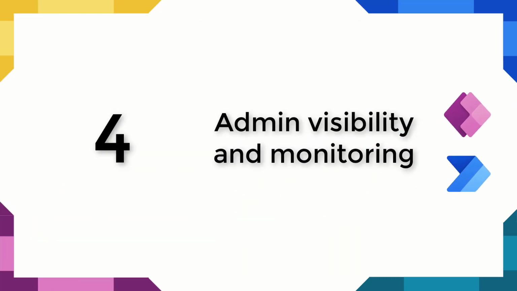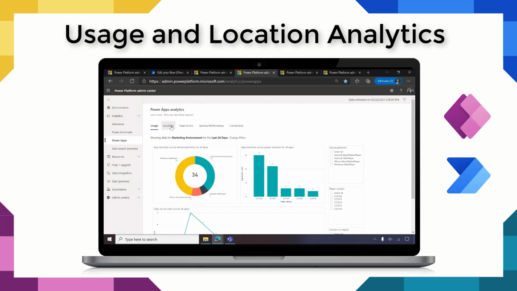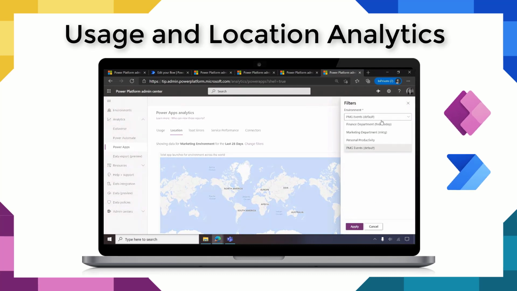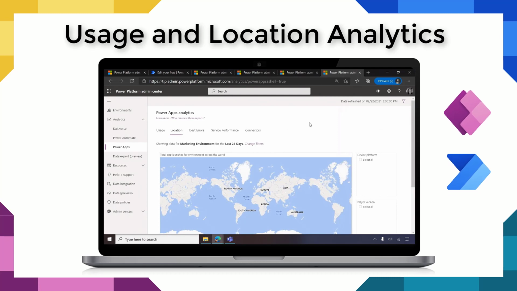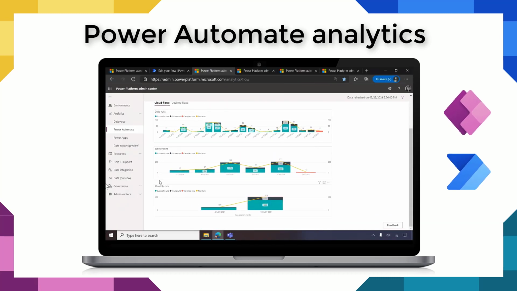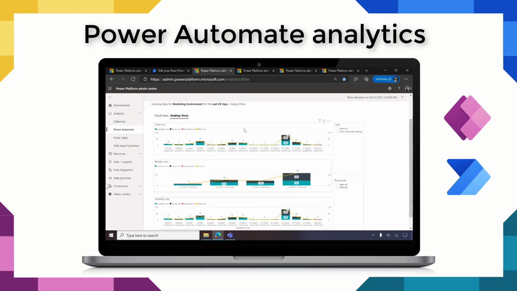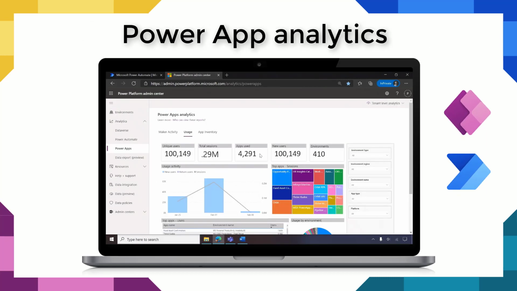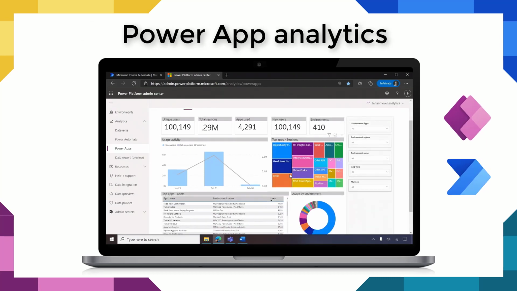Number 4. Admin visibility and monitoring. A key aspect for admins to securely deploy and support a low-code platform is the ability to monitor usage and business impact across the entire tenant, while the Power Platform is now introducing new monitoring capabilities to exactly achieve that. New tenant-wide reports for apps and flows enable admins to track overall usage of the platform across all environments, identifying top maker trends and reviewing sharing details for all the key Power Platform resources.